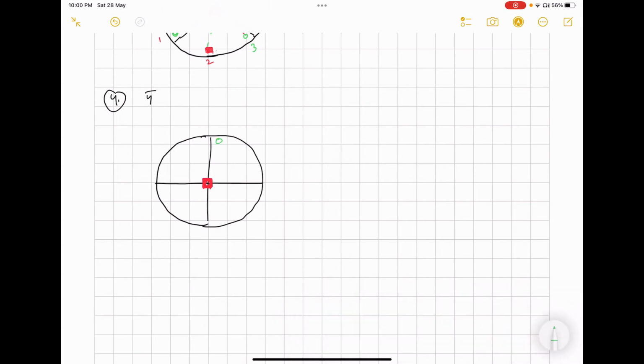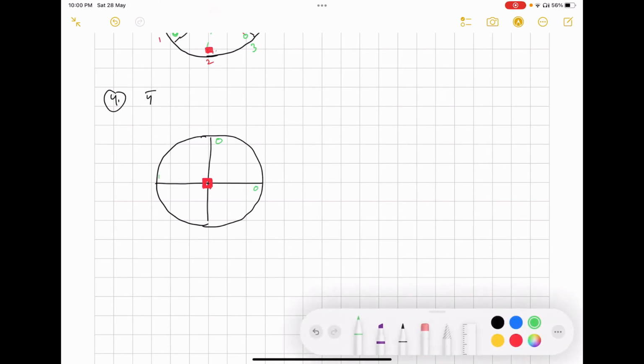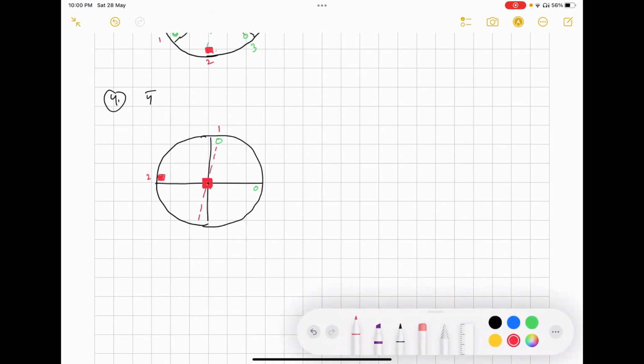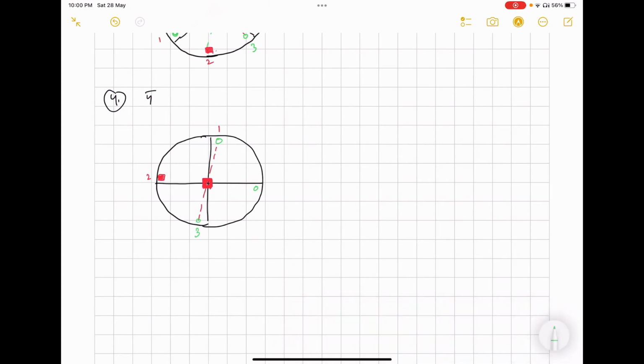After 90 degrees of rotation, it reaches here and then inversion. So this becomes my point 2. This is point 2 and this is point 1. So after 90 degrees of rotation of point 2, it reaches the location of 1, and then after inversion, it goes here. This is point 3.